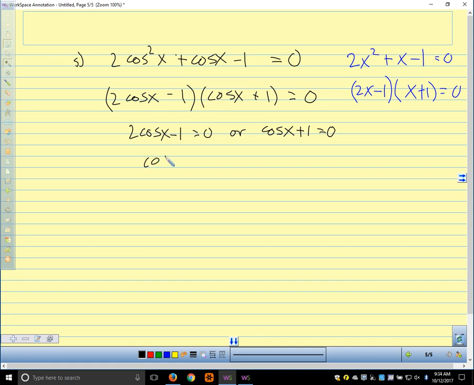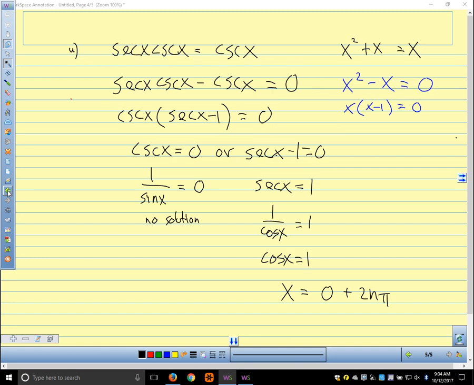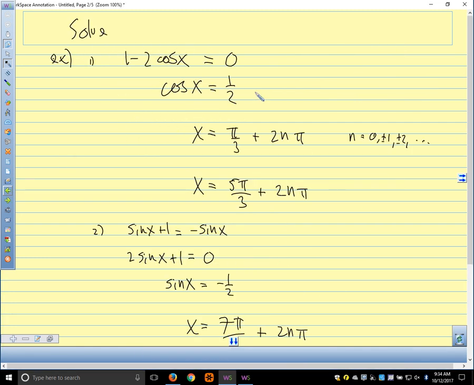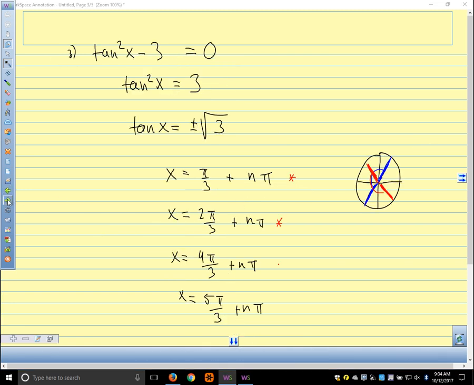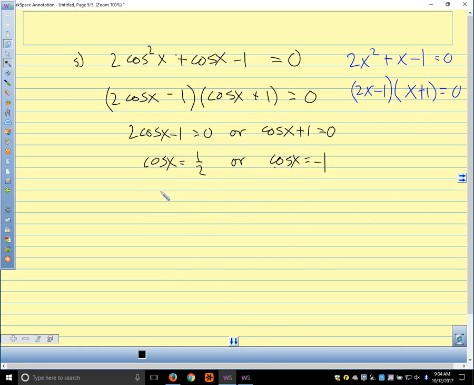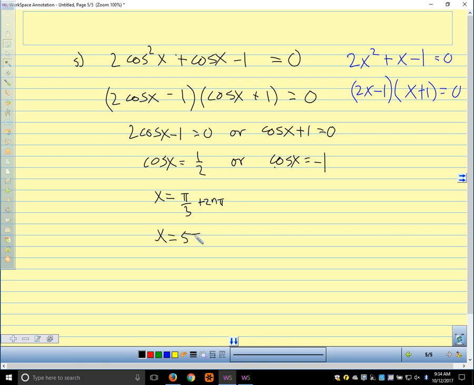Well, this tells us that cosine x equals 1/2 or cosine x equals -1. Didn't we already do this one? Wasn't that our first example? Cosine x equals 1/2, so we get pi thirds and 5 pi thirds for our answers.